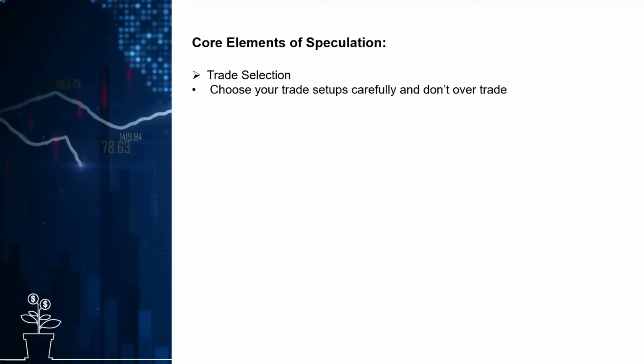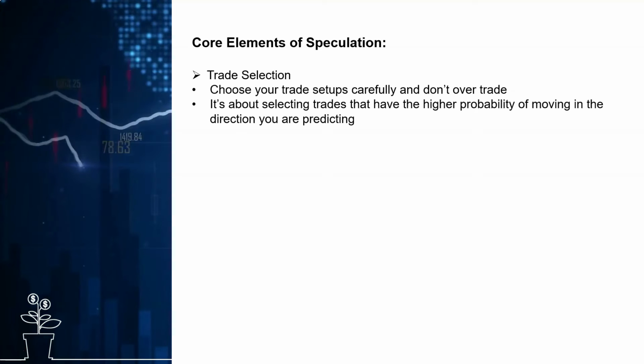It's about being very selective on the trades as they come up, and that is where trading rules in a trading system will help guide which trades you take and which ones you discard, based on the effort, the back testing, and the figures and statistics that you have for your trading system. It's about selecting trades that have a higher probability of moving in the direction that you are predicting and discarding the others that don't meet the criteria and the rules for your trading system.